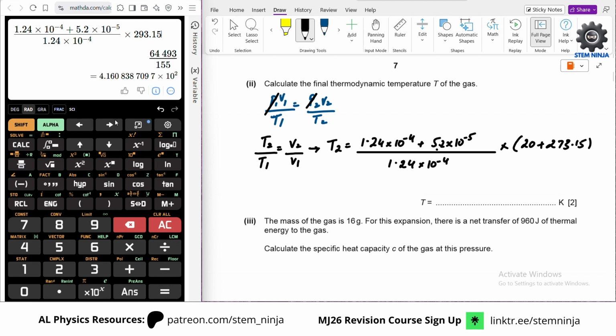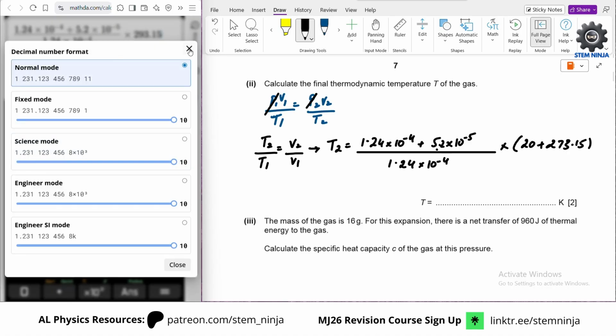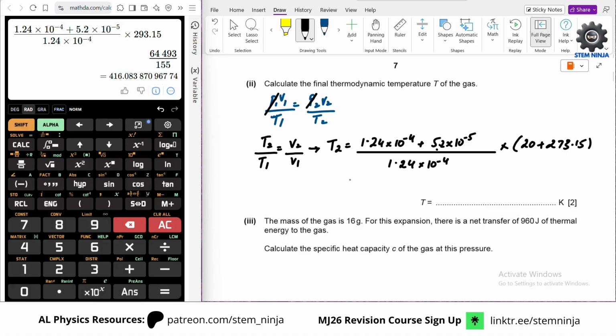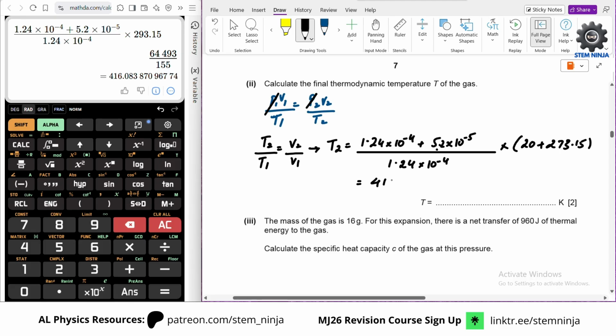So this is 416.083 basically, so 416 kelvins.